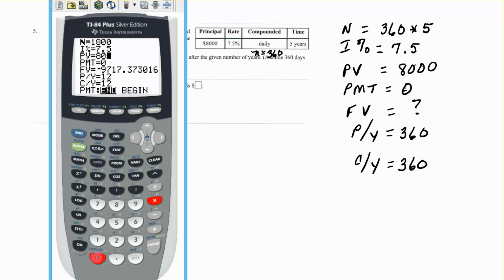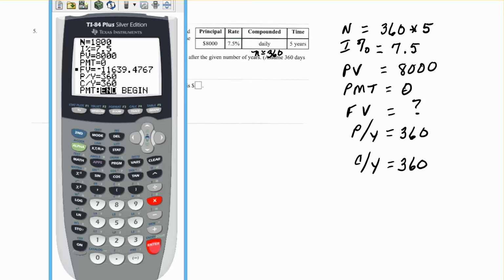Present value is 8,000. 0 payment, skip the future value. Payment periods per year, 360. And it changes that next one automatically. So now we go up to future value. That's what we're looking for. That was the last one. And I do alpha, enter.